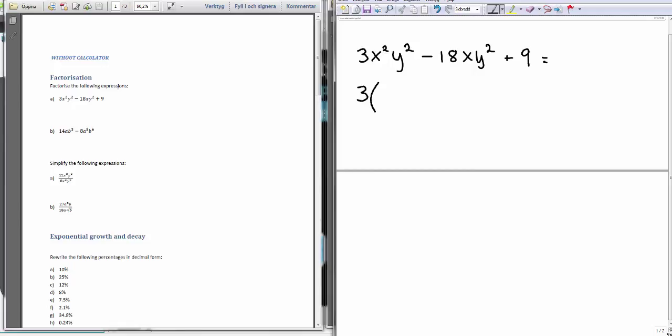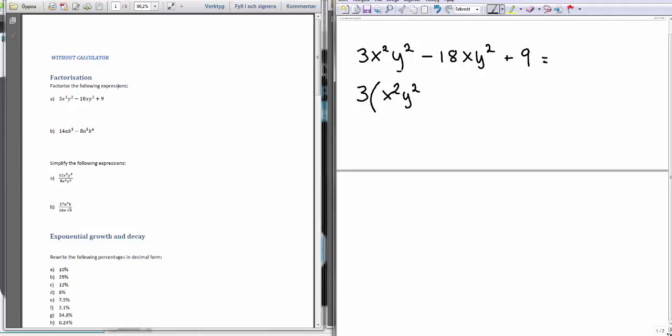And then we open a bracket, and 3 times what is going to be this term? Well, we're missing basically x squared y squared, so that's what we have to fill in here, x squared y squared.